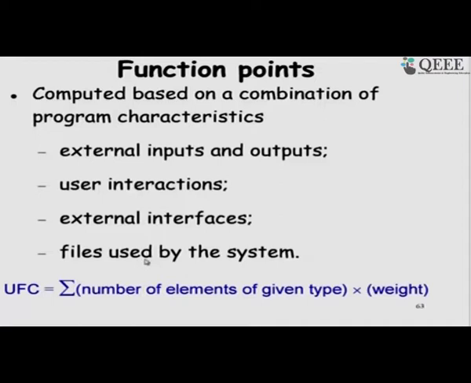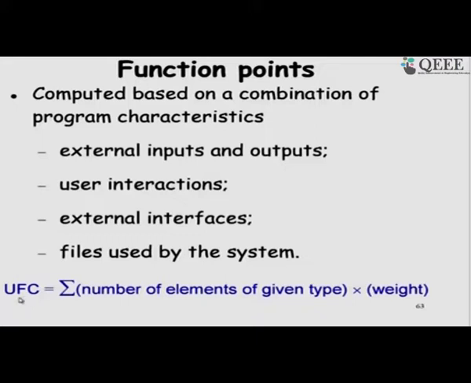So, these we need to count, and then these 5 parameters that Albrecht identified, he assigned weights to them. Each one has different contribution to the size of the software, and based on that he could compute the unadjusted function point count.